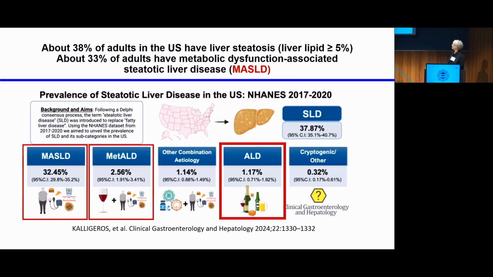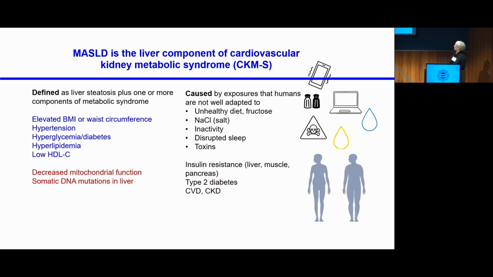And most of these people have a disease called metabolic dysfunction associated steatotic liver disease, which really is a disease that comes to us because of toxic exposures that result in liver steatosis, diagnosed as MASLD when liver steatosis is accompanied by elevated BMI or hypertension or hyperglycemia, diabetes, or hyperlipidemia or low HDL. You only need one of these in combination with liver steatosis for a diagnosis of MASLD.